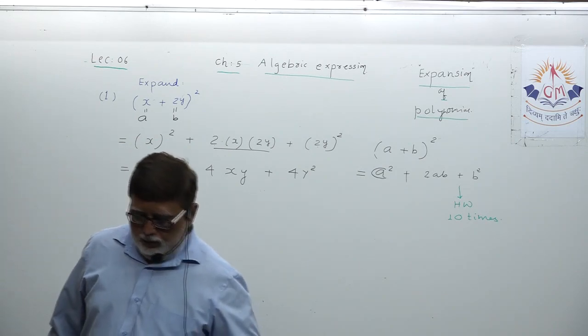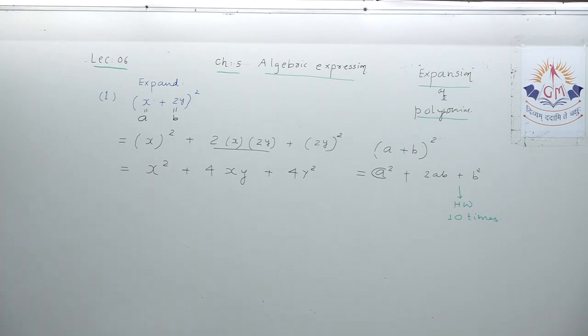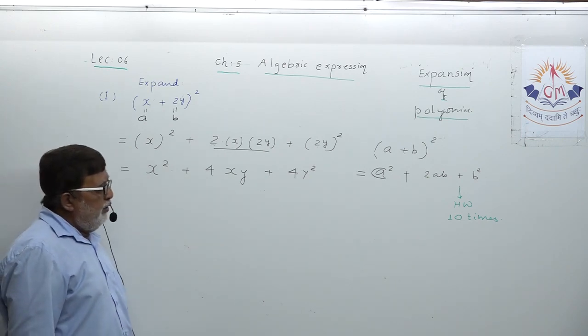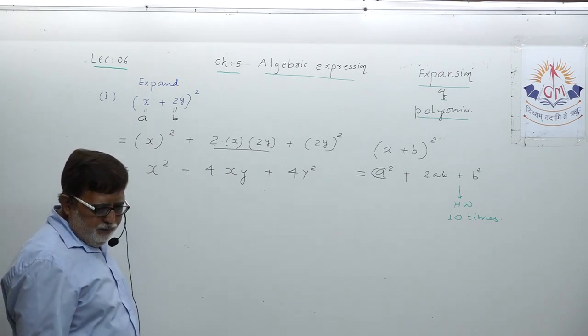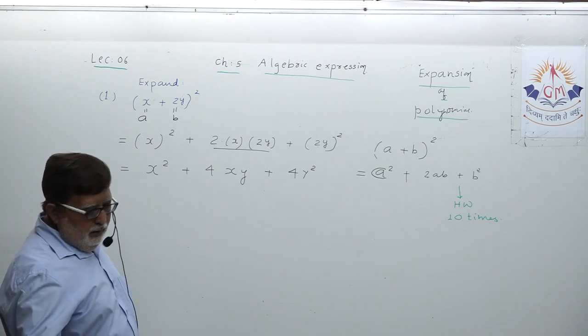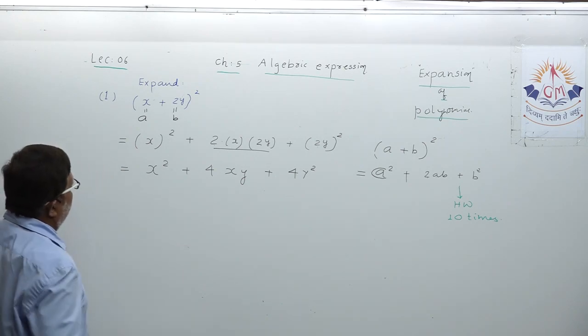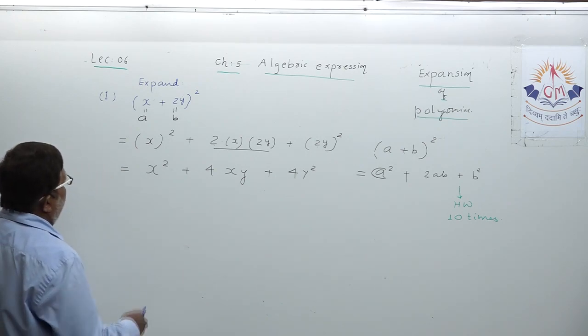Okay, what is the final answer? X square plus 4xy plus 4y square. Okay, is it clear in your mind?